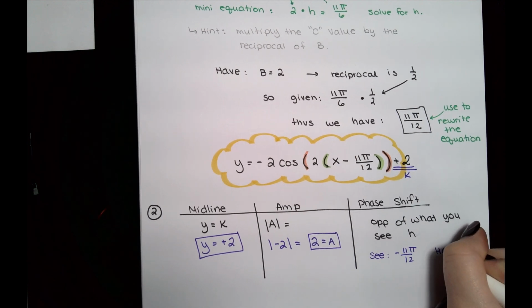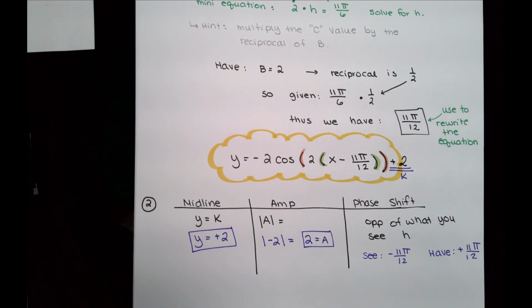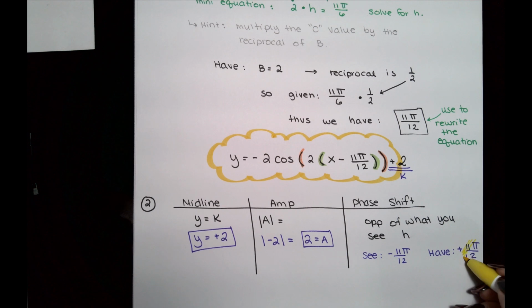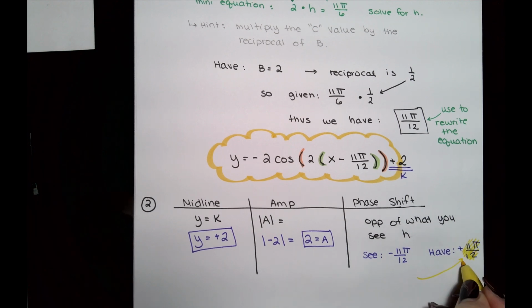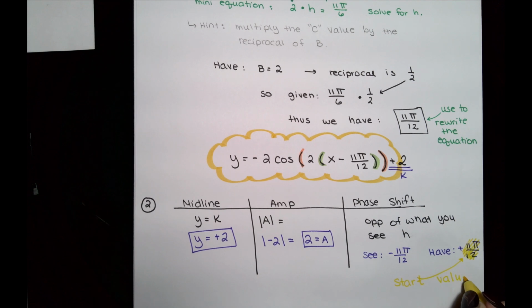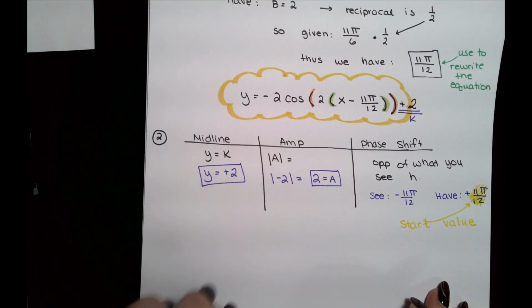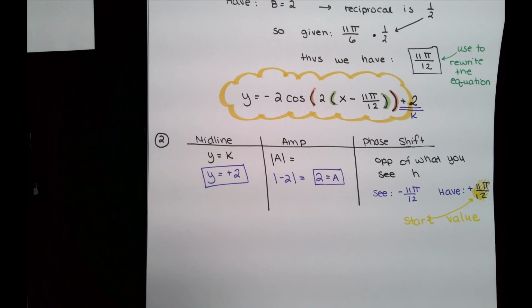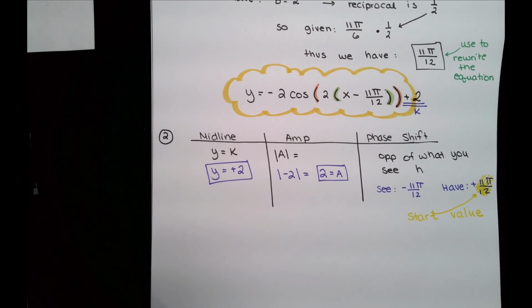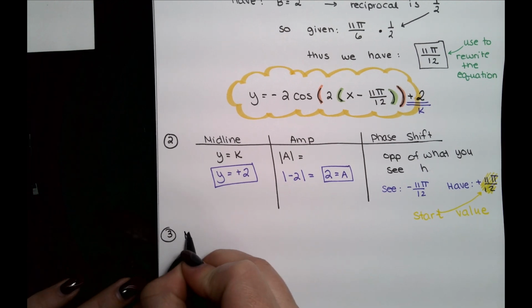That means you have a +11 pi 12ths. And this value here, this is your start value. After you identify those three things, step number 3 is going to be your new period.